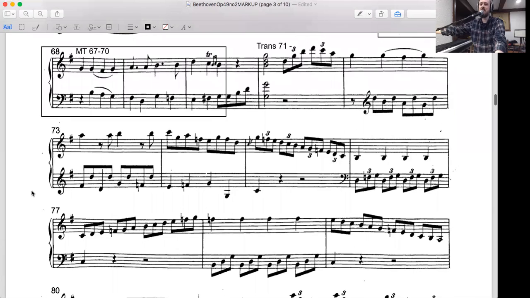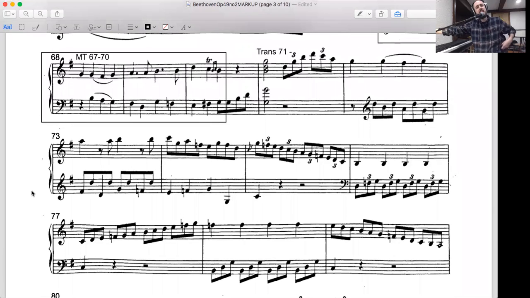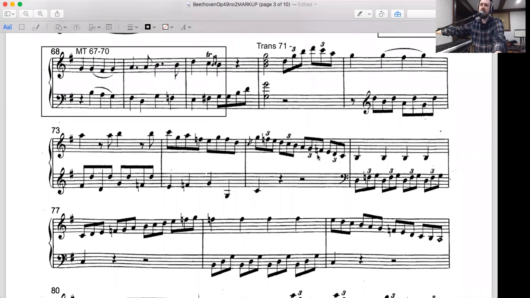The next big picture idea that you want to be thinking about in the same line with the recap is what happens with the transition. Because this is where there is almost guaranteed going to be a change, right? Almost guaranteed, because in the exposition, that transition needs to modulate.